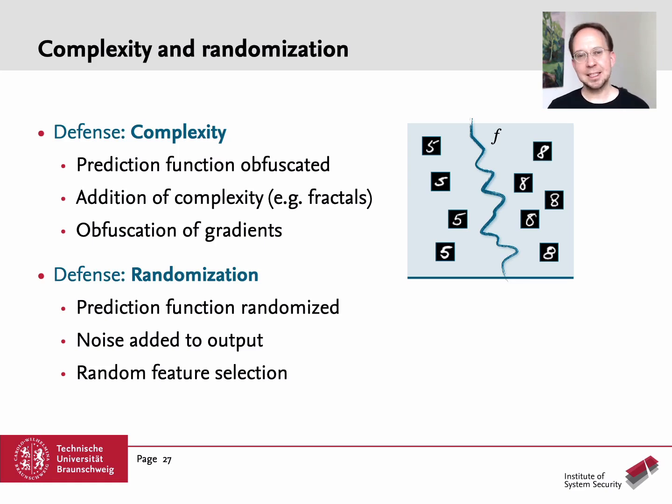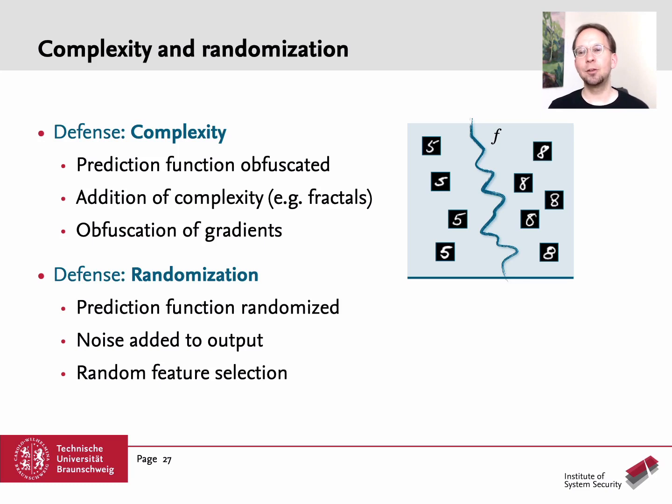So there have been many ideas like adding fractals, for example, to this function and make it super bumpy and with many small edges, or obfuscating also this curve with obfuscated gradients. It didn't turn out that this is a good strategy. And before I say why, let's look at another defense which can be beaten with the same strategy.